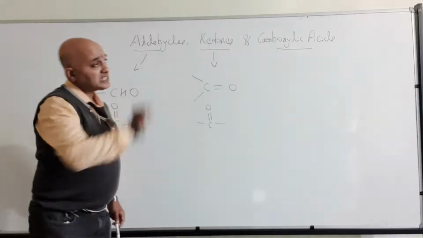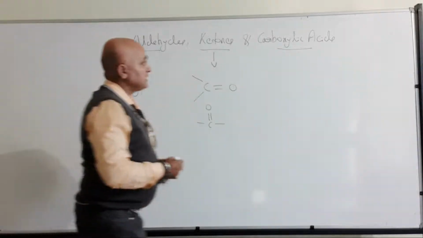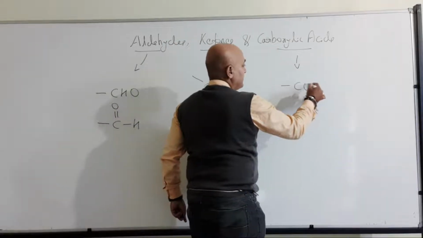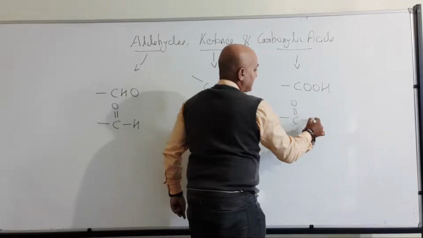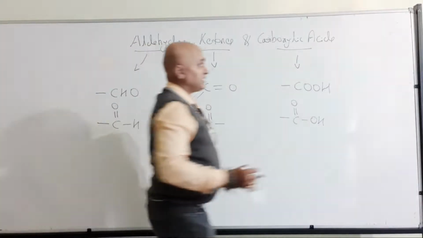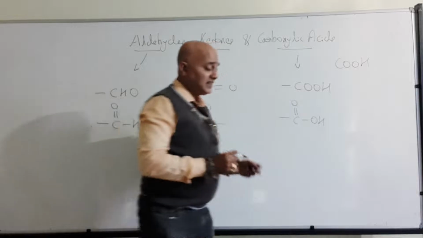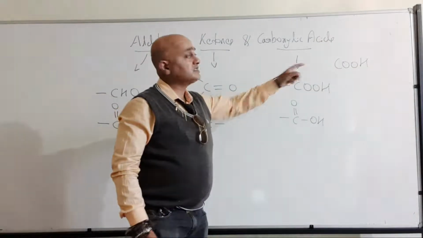Now, the last one, carboxylic acid, I will write, then further I will explain. When I am talking about carboxylic acid, we can write like this, or we can write like this. Once again, many students make the mistake. They write carboxylic acid like this, and they think they have written a proper and correct answer. No, that is wrong.